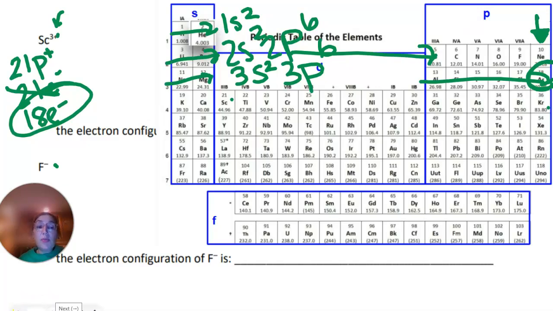And the reason is to have filled outer shells of electrons, to have exactly a filled 6 electrons, rather than having, for scandium, a 3d with just one lone electron, it would rather have this filled 3p6 that's all filled up with electrons.